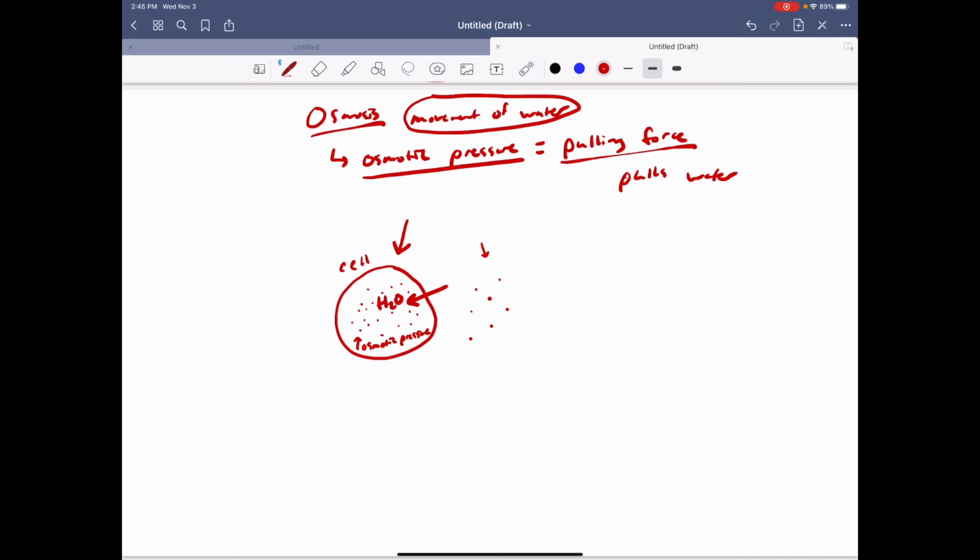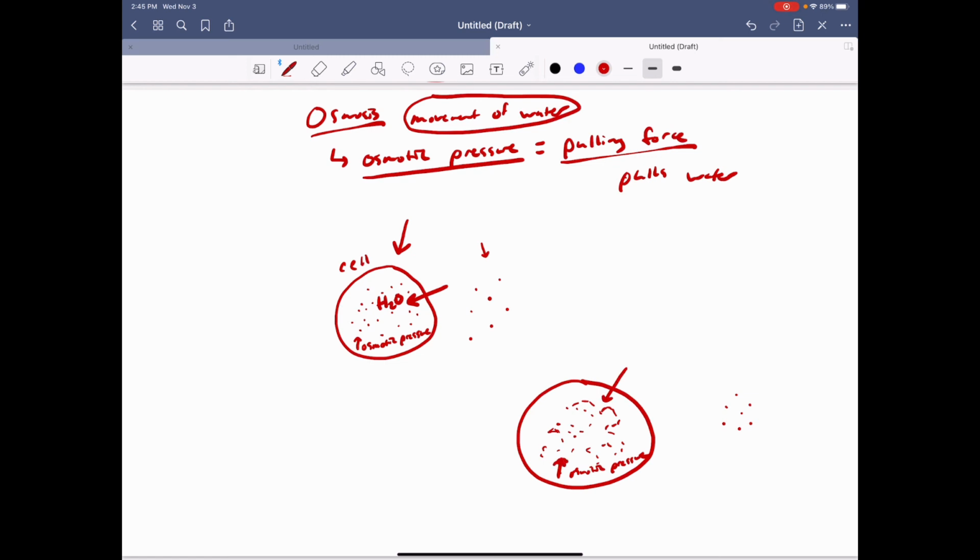Okay, so let's just say that we have an osmotic pressure in our cell that's real high, okay? We'll say a high osmotic pressure. And then we have low, right? So same situation, right? This is going to have a higher solute concentration, right?